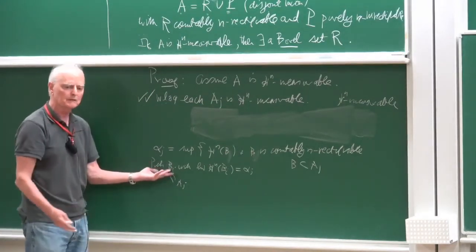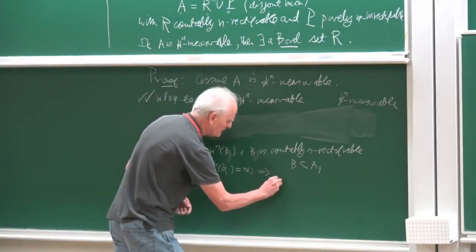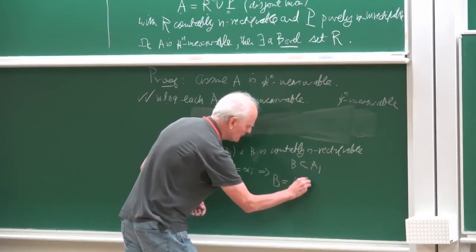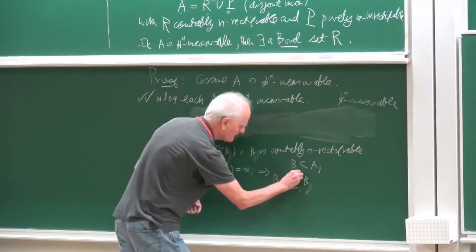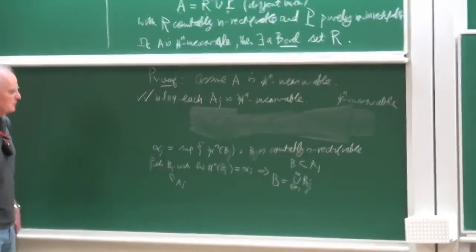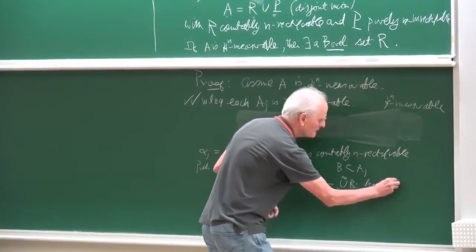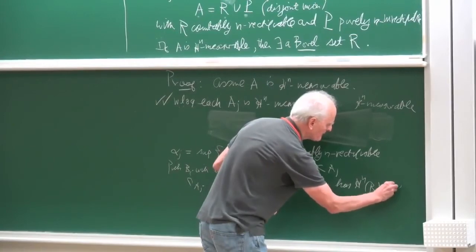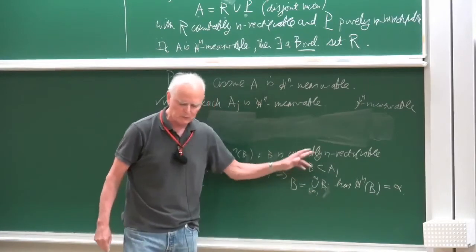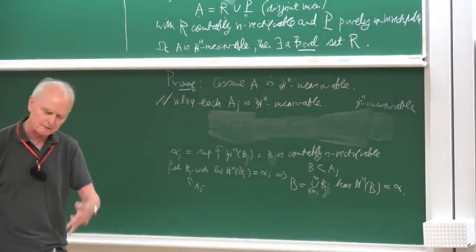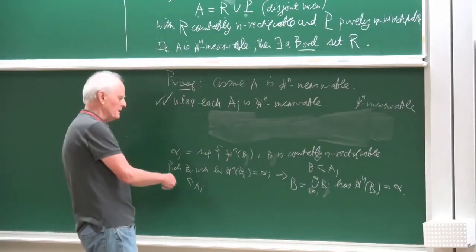The countable union of countably n-rectifiable sets implies that B equals the union of the B_i. When you take the union, you actually attain this value, and it's still countably n-rectifiable because, as I said, the countable union of countably n-rectifiable sets is again countably n-rectifiable by definition.